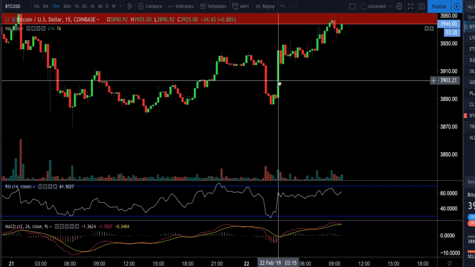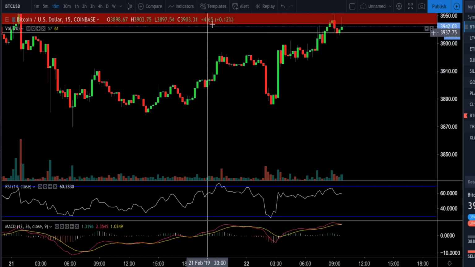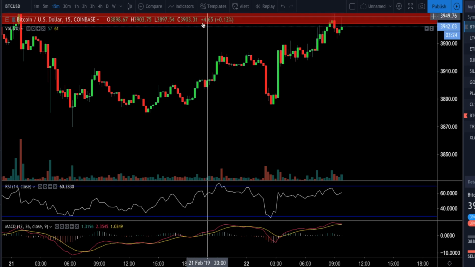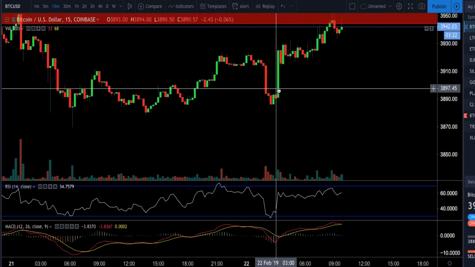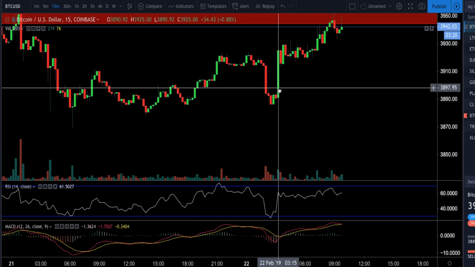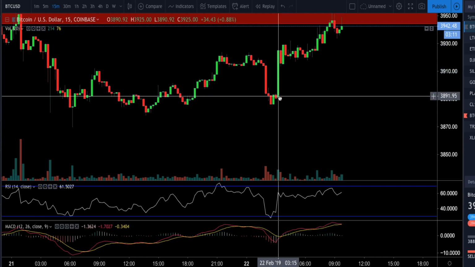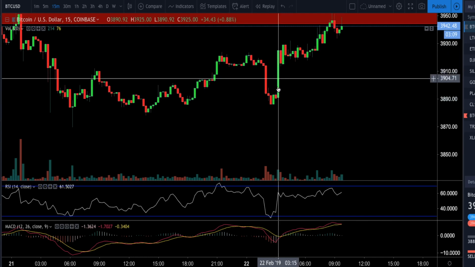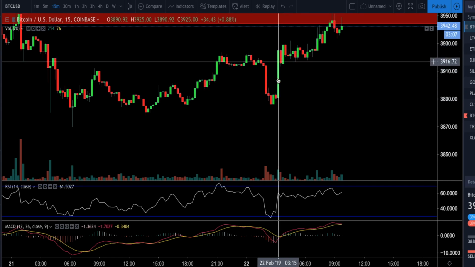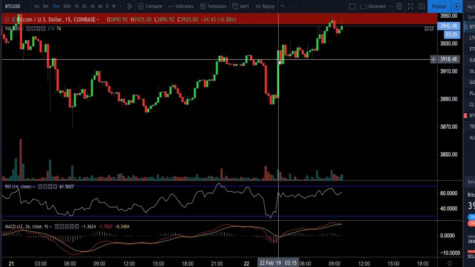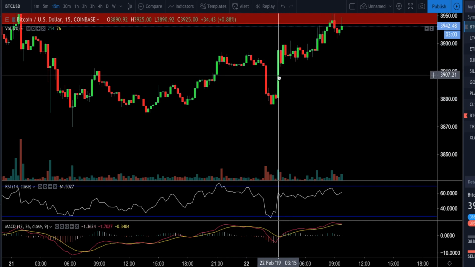And right next to this, whatever candle you're on, it shows you what that candle did in that time frame. So for instance, this candle here had a growth, because it's green, we've had more buying than selling, of $34.43 during this candle. Also it converts it to a percent for you.